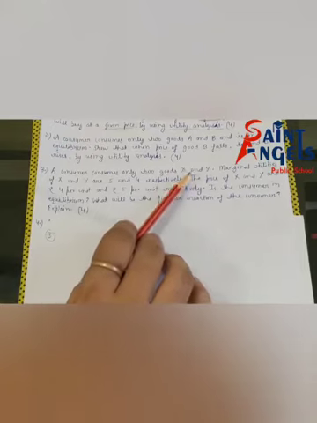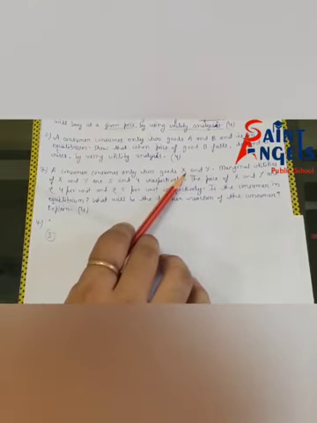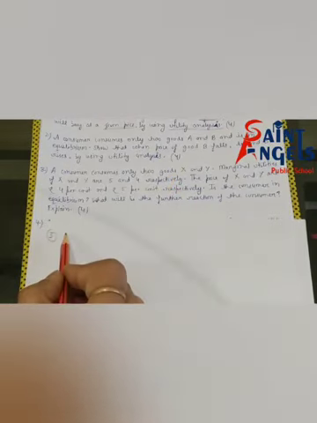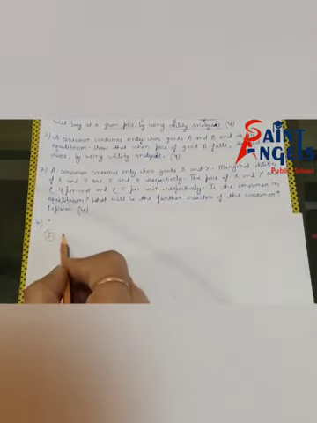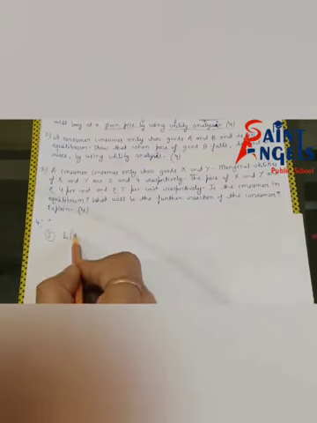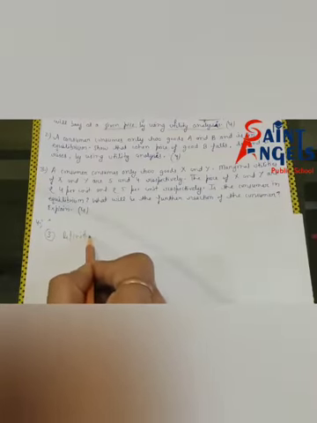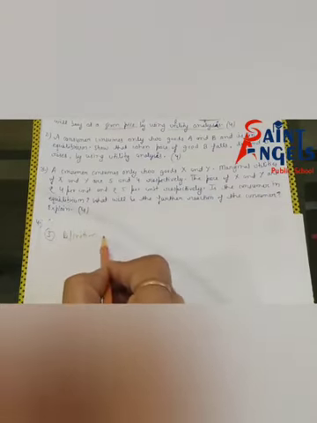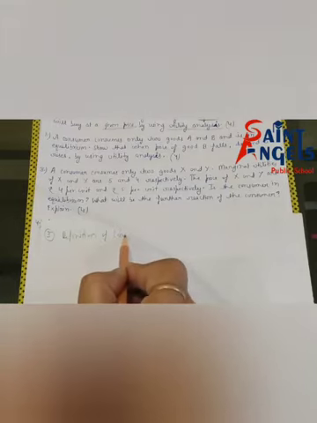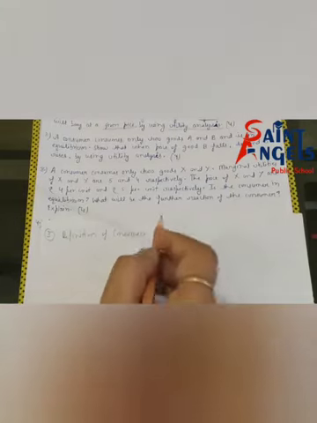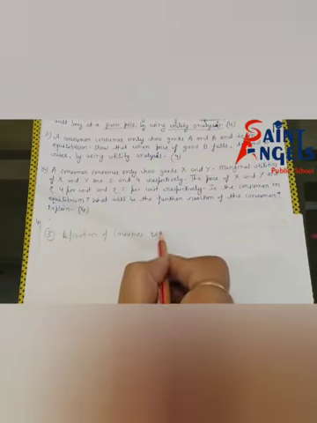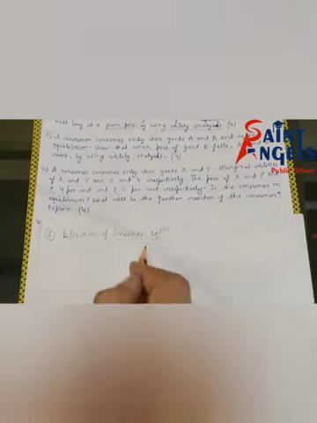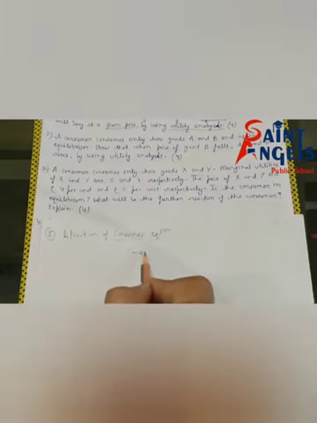It means that we will take consumer equilibrium in case of two commodities. See, first of all you will write the definition of consumer equilibrium. Then after that, you will follow the condition.